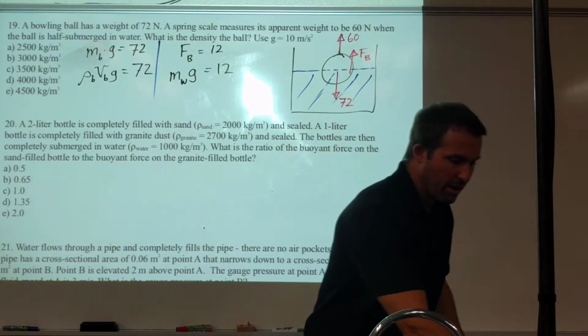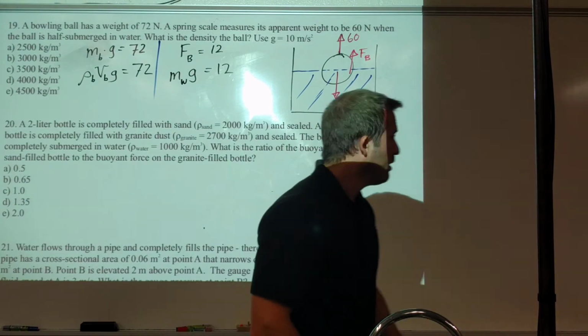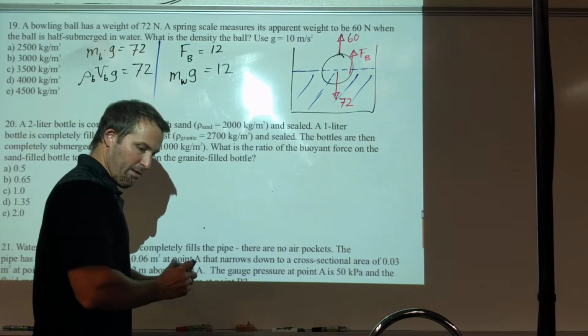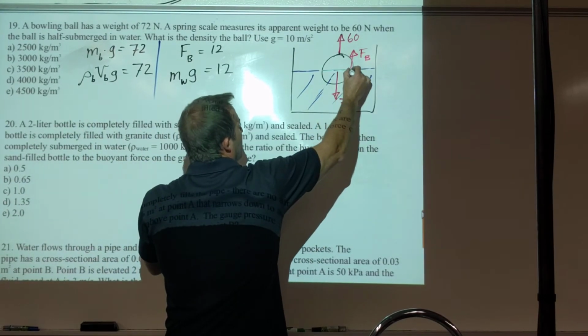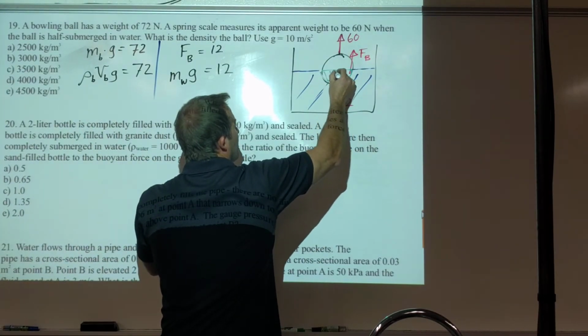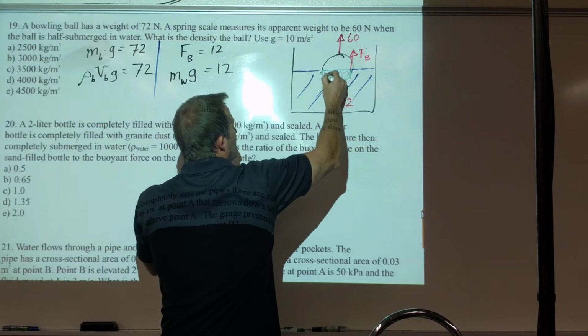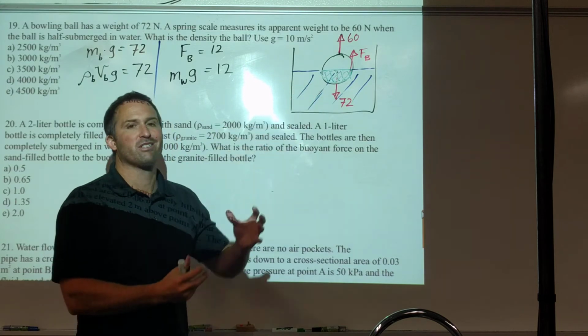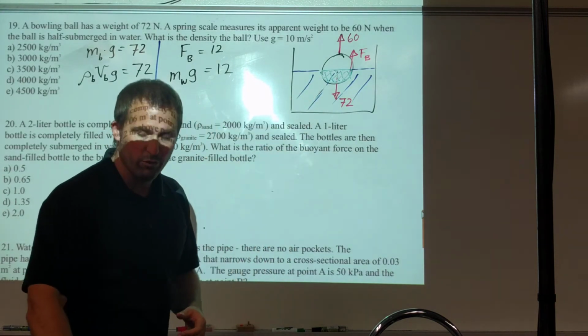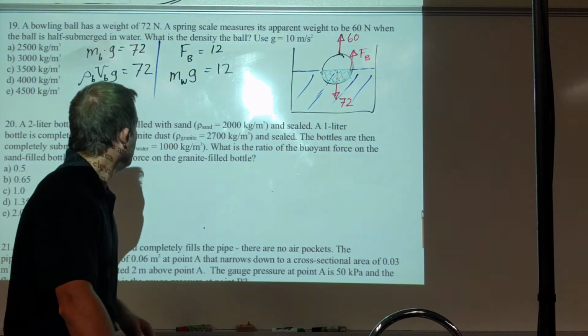Right? W there for water. And in our picture, let me just specify here. That's a visualization of the amount of water that had to move out of the way there.